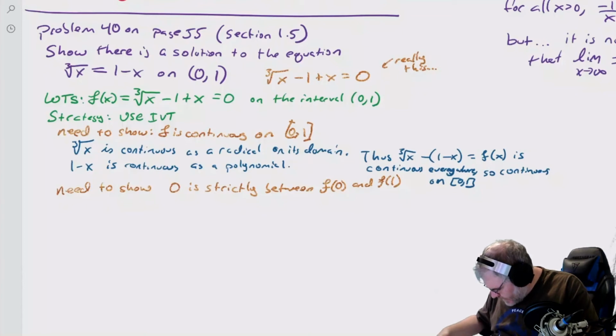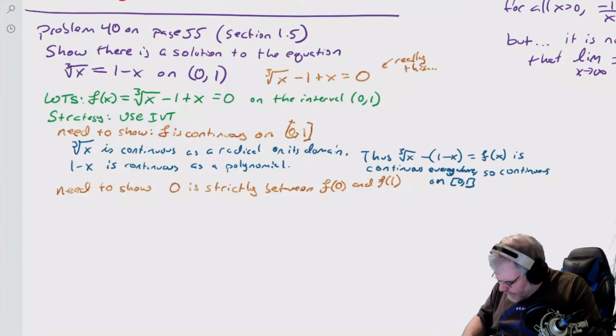There it is. It's Theorem 6 in section 1.5. The fact that the radical functions, the root functions, are continuous on their domains. And then the composition, I didn't talk about that.